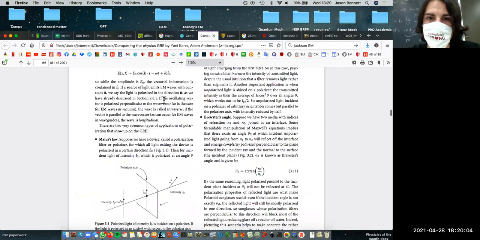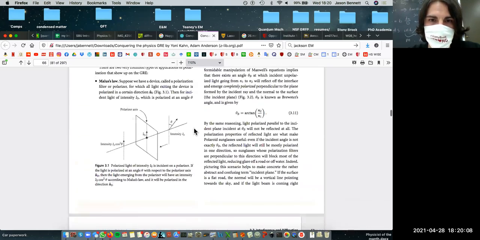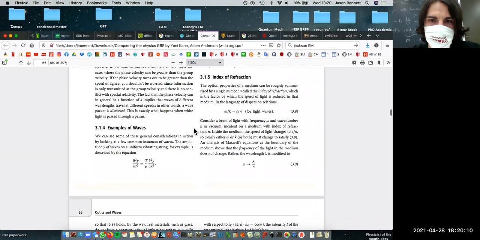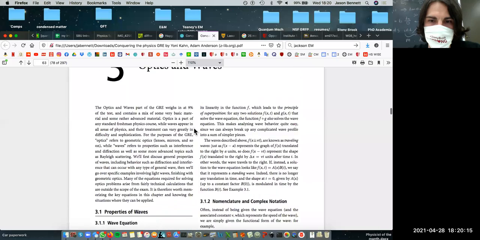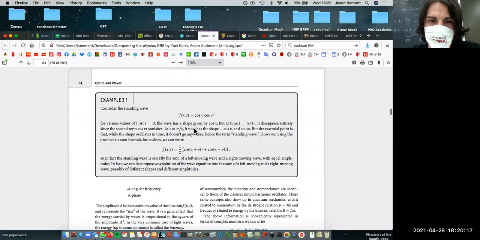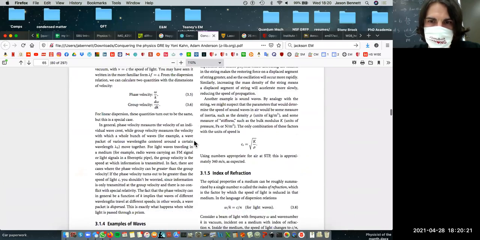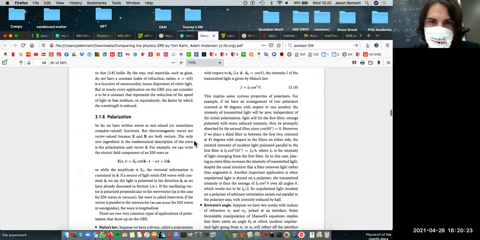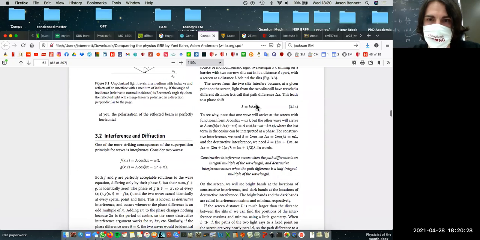I'm sure it's over here somewhere. Yes, they relate this phase shift to the distance that the wave will travel.